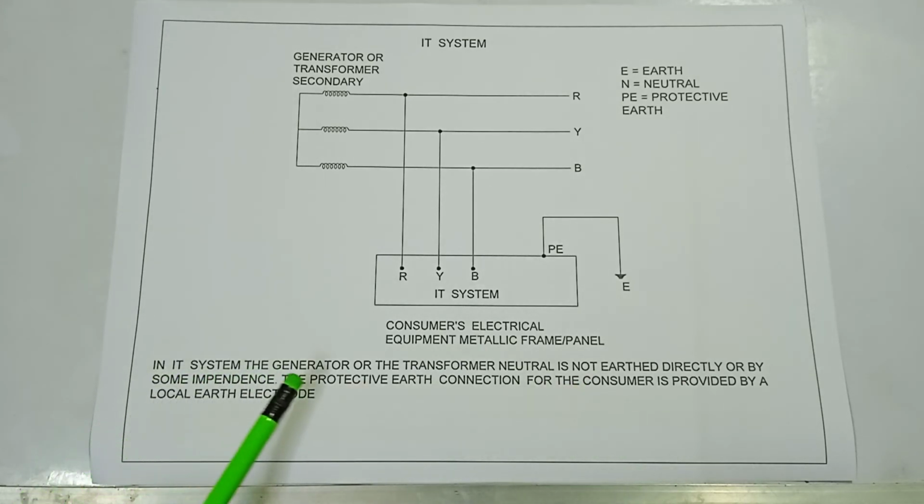The generator or transformer neutral is not earthed directly or by some impedance. The protective earth connection for the consumer is provided by a local earth electrode. This is a local earth electrode. This is the IT system. Okay, next.